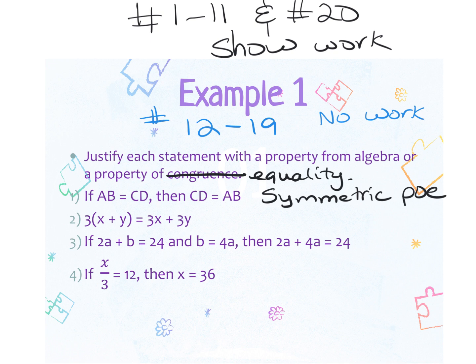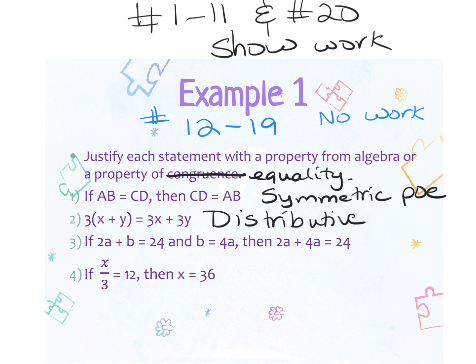Then the next one, notice they've taken that 3 and they have distributed it to the X and the Y. So this is the distributive property. And then the next one, it says that if 2A plus B equals 24, and if B equals 4A, then 2A plus 4A equals 24.